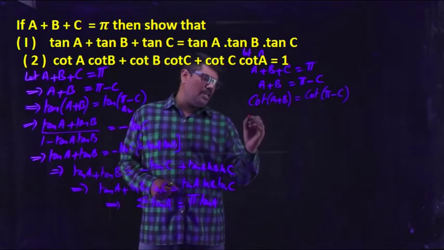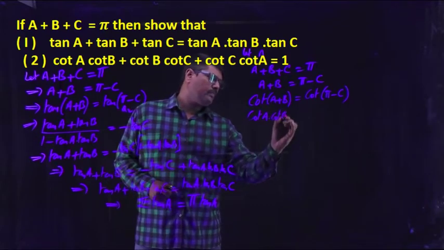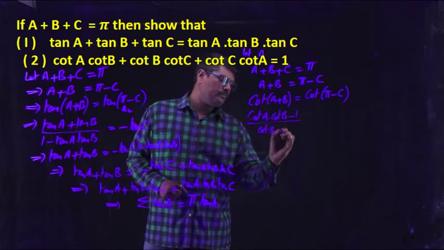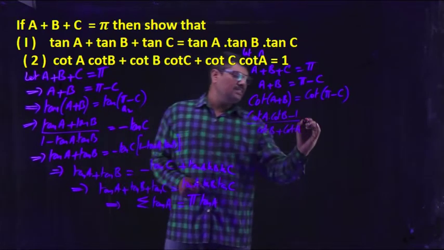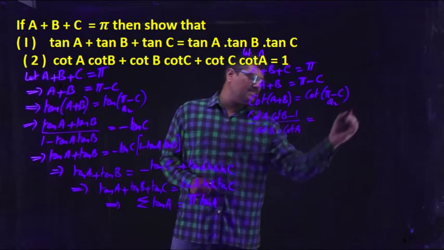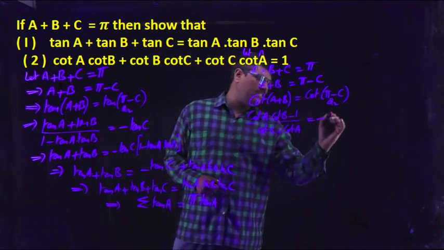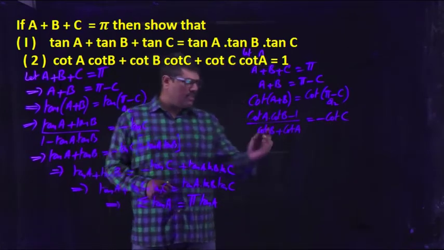Now use the cot A plus B formula, which is cot A into cot B minus 1 by cot B plus cot A. This is the formula of cot of A plus B. In the same manner, pi minus C is in the second quadrant, so cot of 180 minus theta will be minus cot C. In the second quadrant, cot has a negative sign.